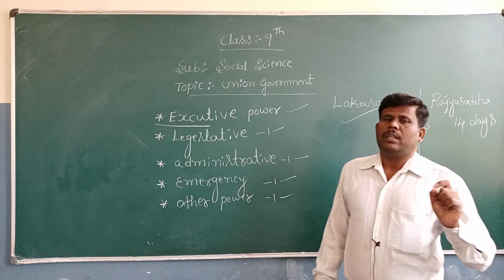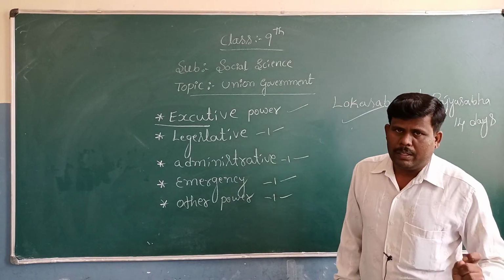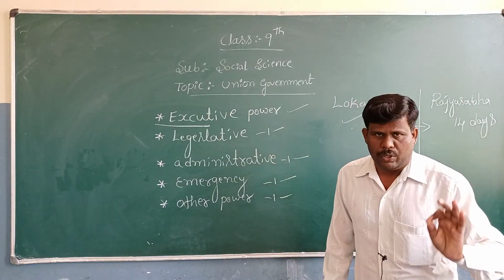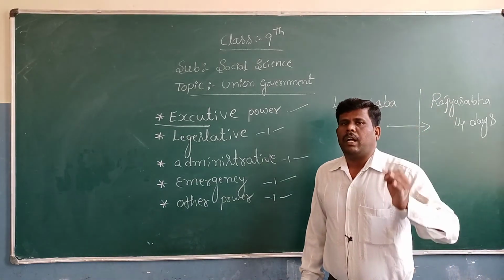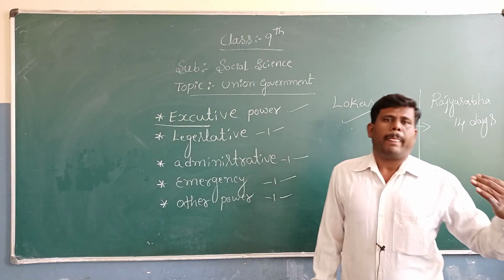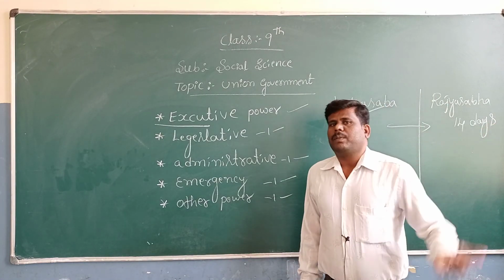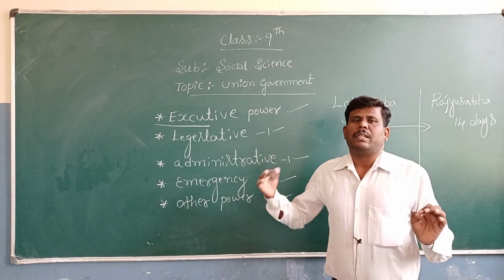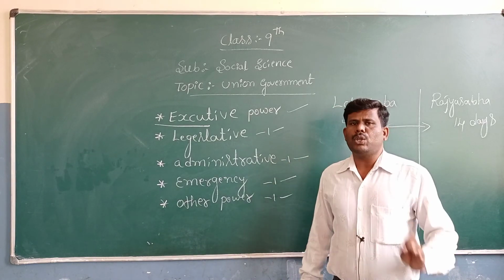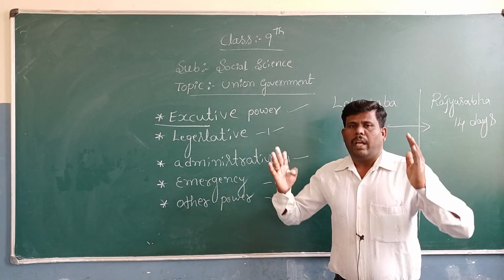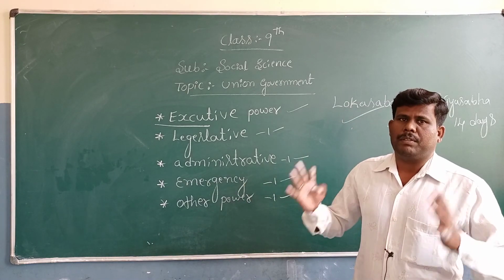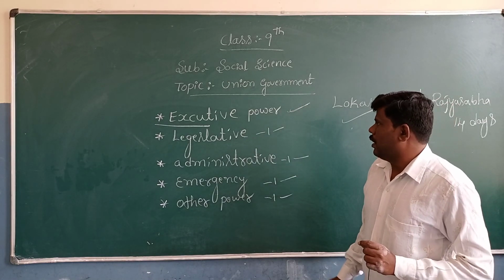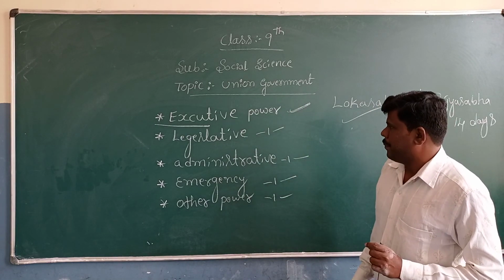Also, the President can appoint the commissioners of union territories like Andaman Nicobar, Lakshadweep, Diu. To these union territories, commissioners are appointed by the President of India. So these are all the main executive powers he can enjoy. This is the first one, executive power of the President of India.